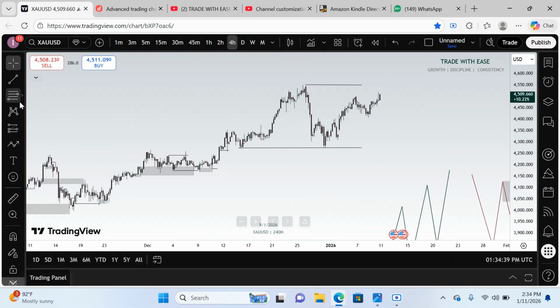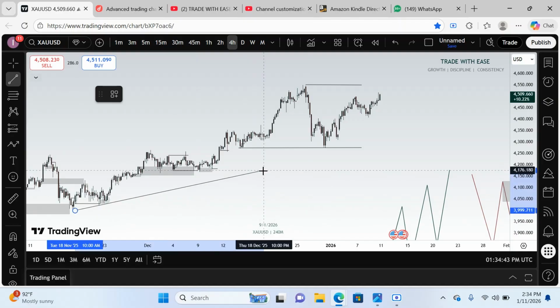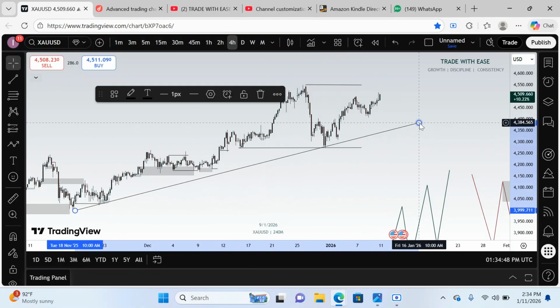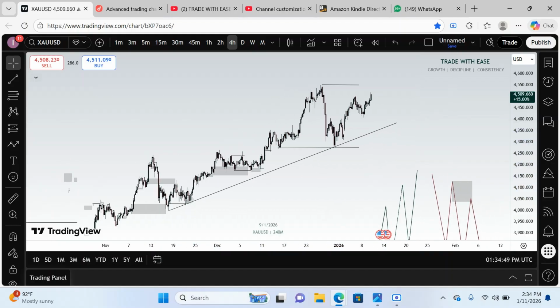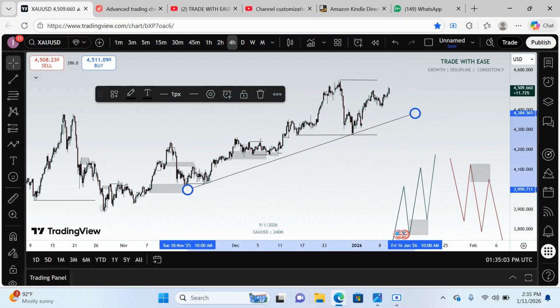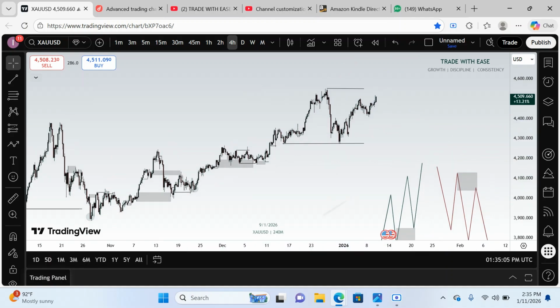So now price is moving upward. In my previous video, I explained this thing. You can always use your trend line to determine your trend. That's why we call it trend lines, right? So you can use it to know the direction of your market. So now price is moving upward according to the way we have seen it.